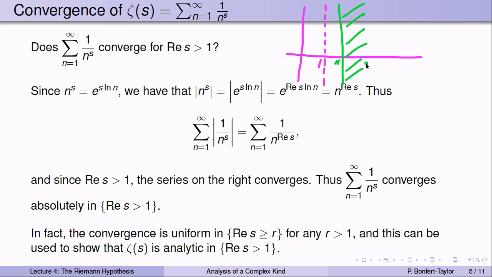One can use that, the fact of uniform convergence and the fact that the function s goes to 1 over n to the s is analytic, to show that the zeta function is actually analytic in the entire half-plane that starts at 1.